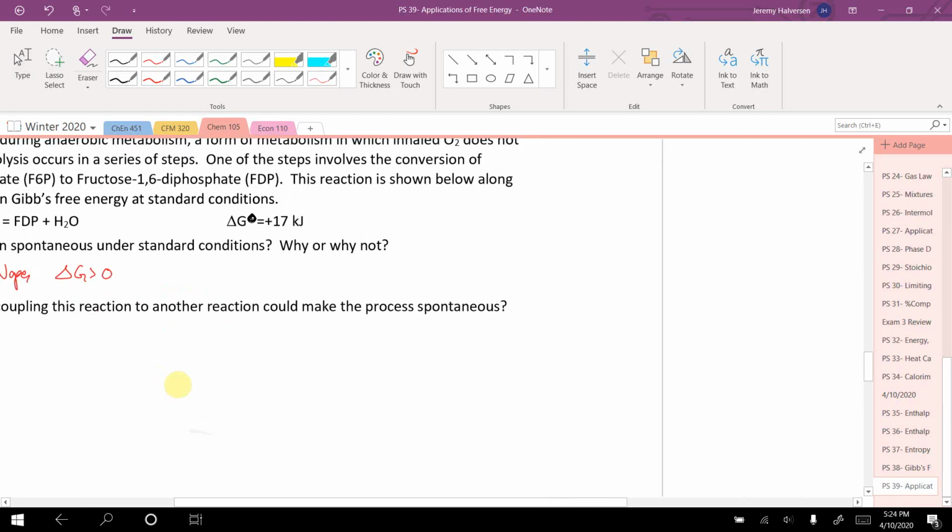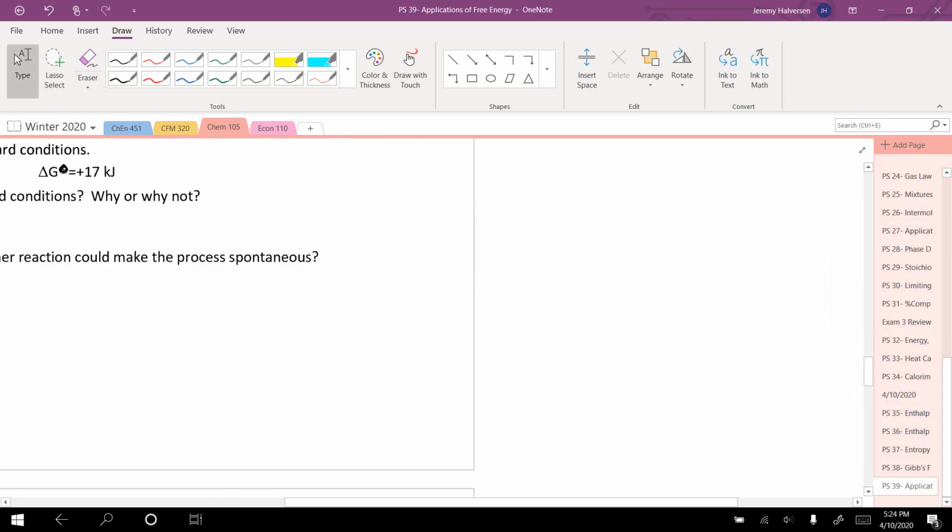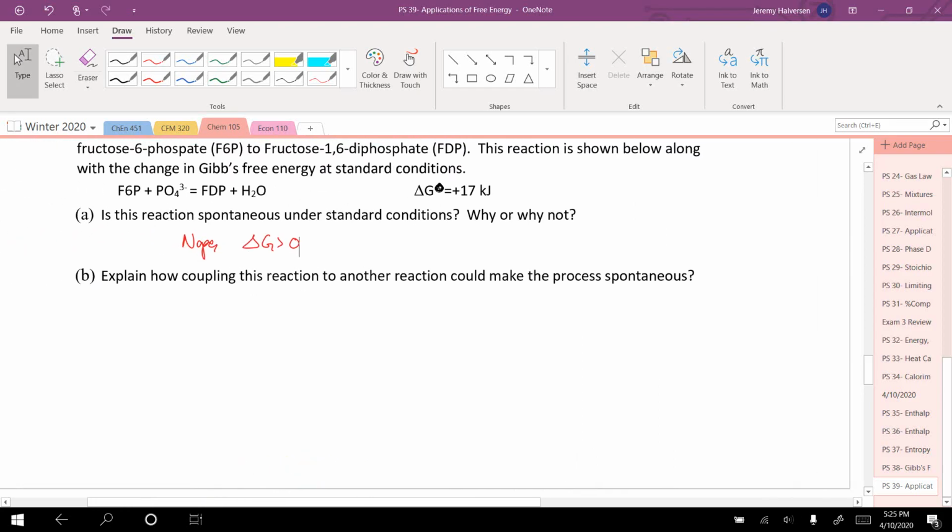So let's talk about what coupled reactions are. Basically, our body does this all the time. If you have one reaction that has a positive delta G and therefore is not spontaneous, let's say reaction 1 has delta G1 of 5 kilojoules per mole. So this is not going to happen.